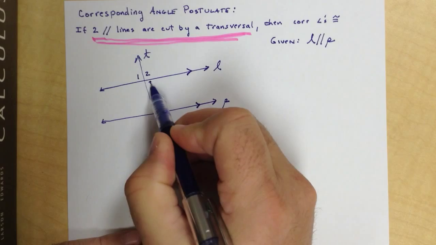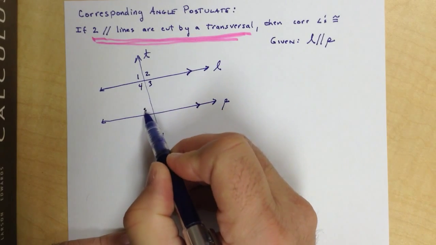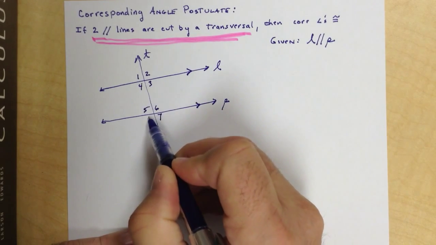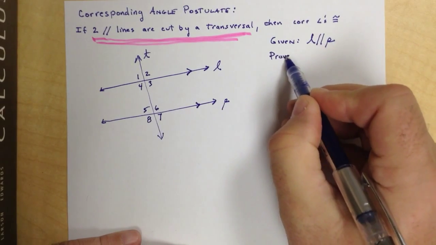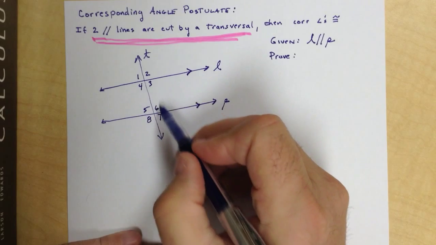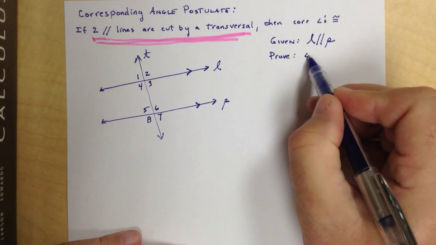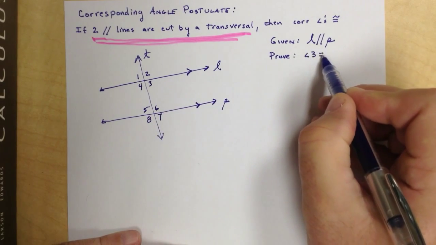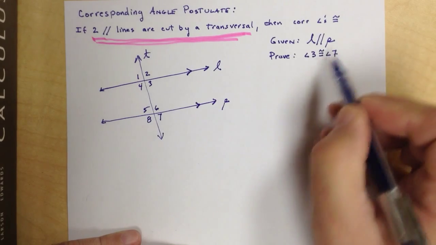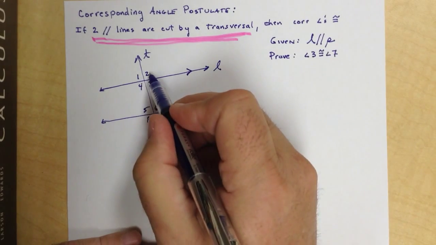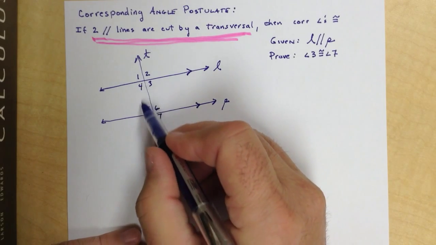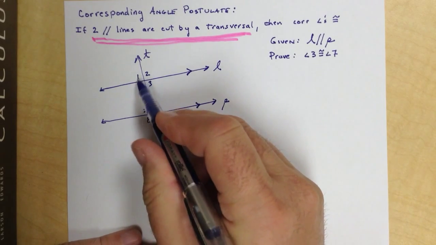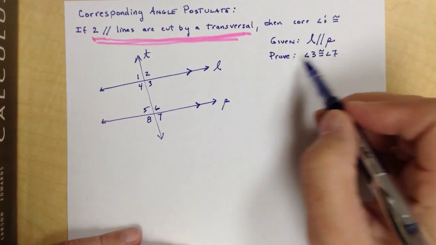If I take a look at my picture with the 8 angles, I now know that angle 3 is congruent to angle 7, or angle 2 is congruent to angle 6, or angle 4 is congruent to angle 8, or angle 1 is congruent to angle 5.